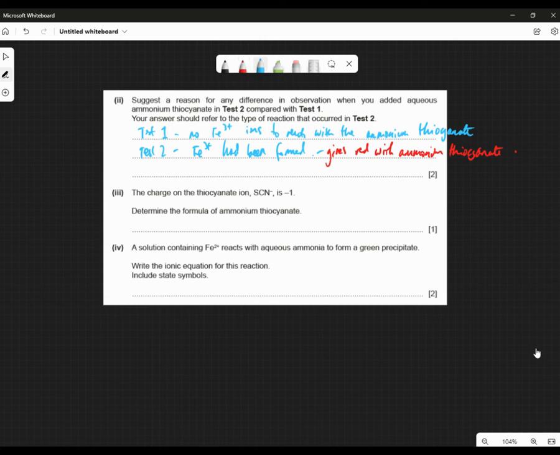Now, obviously, all of you should know what I'm going to come to next. Well, the Fe2+, if it goes to Fe3+, it's obviously an oxidation because the oxidation number increases. So, it wanted that, didn't it? It said your answer should refer to the type of reaction. Now, you could have perhaps made this better than I've made it, and that's no problem either.